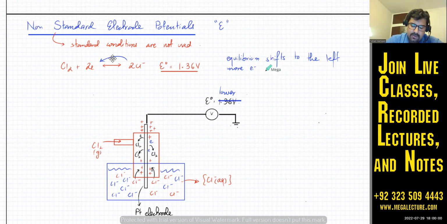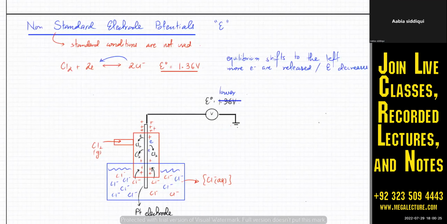More electrons are going to be released. And if more electrons are released, then the new potential E decreases. It becomes more negative, it becomes lower.